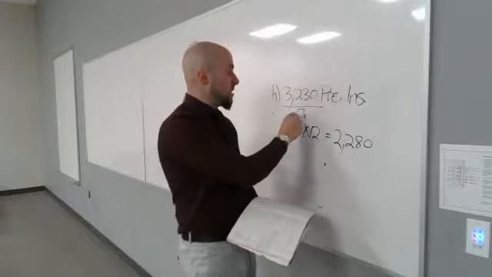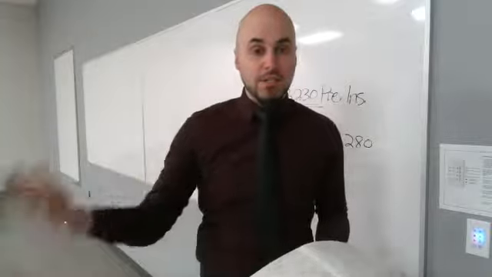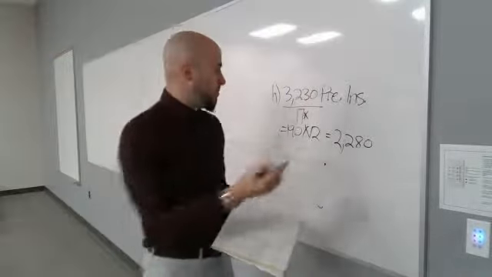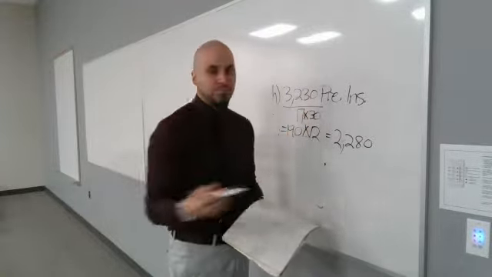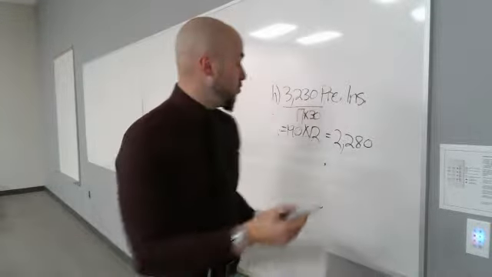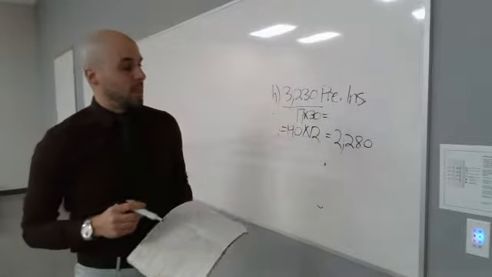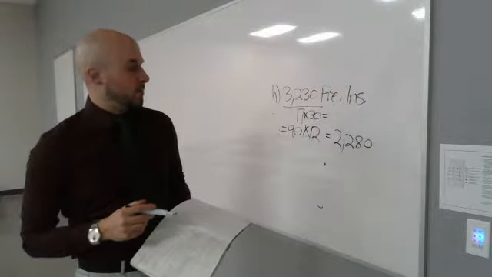That means we would have to multiply the 17 by how many days in each month? Let's just say 30. 17 times 30 would give us 510.